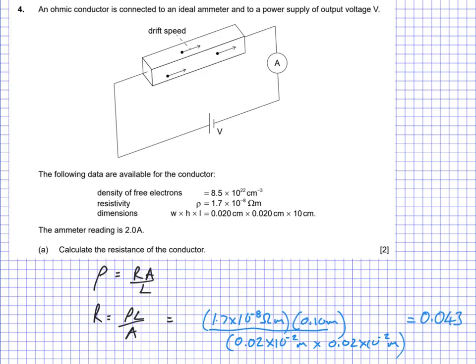And I've gone to 2 significant digits because I've got 2 significant digits in my question information. And the units, well, let's just quickly check that we've got those. It should be in ohms, of course, because we're finding resistance. Let's just check that we have all of the cancellation we need. Well, meters and meters, meters and meters, leaving us with ohms. There we go, pretty straightforward.